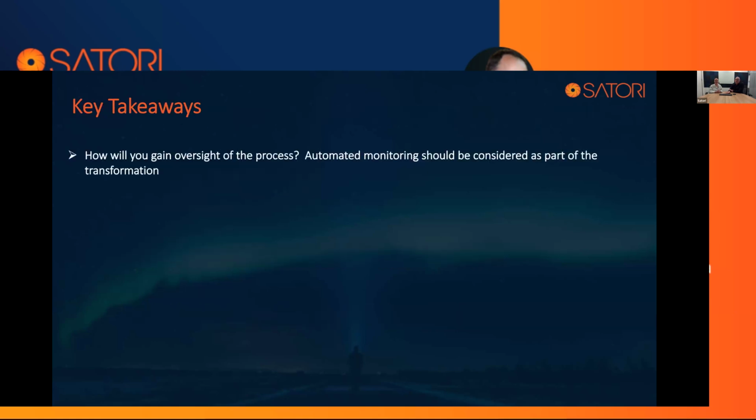A couple of takeaways, if you're on the transformation journey or have already completed one: monitoring should be considered part of the transformation, just like buying Kofax or a workflow automation tool. Once we're live, how are we going to make sure we're monitoring the system and that it's not making errors?